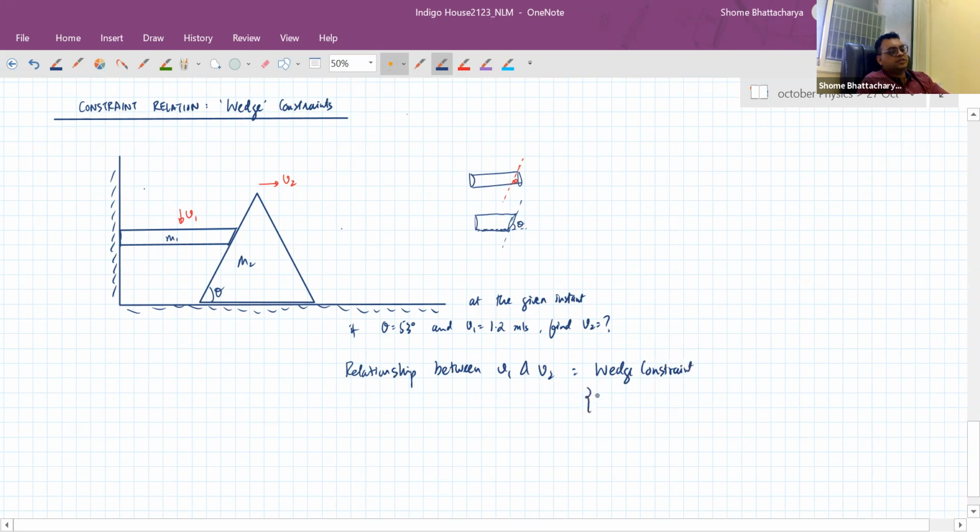And the wedge constraint is basically that the surface of the wedge is at theta with respect to the horizontal. So this is the constraint. Now let's see how we will convert this constraint into a constraint relation, that is, the relationship between v1 and v2. Okay, so just make a note of this first, then we'll discuss.